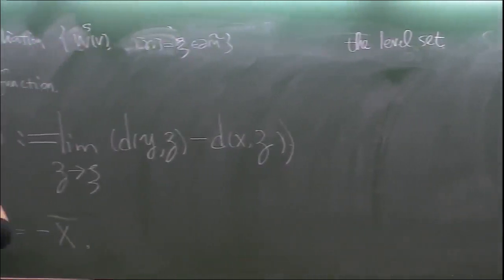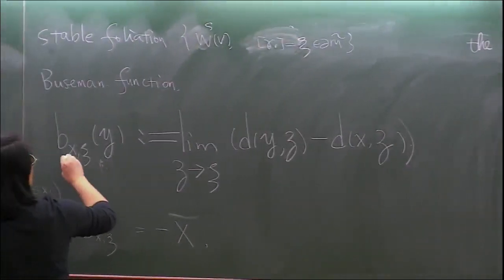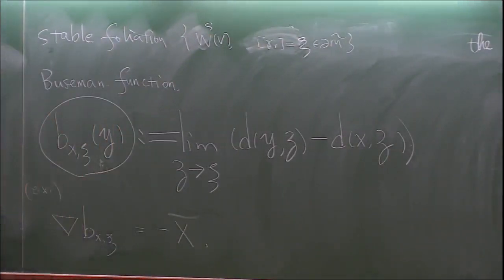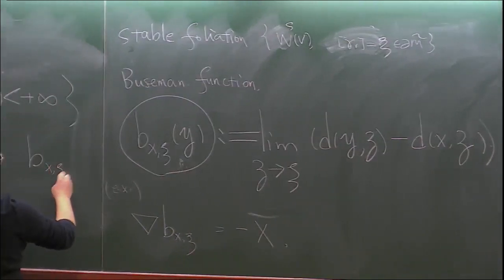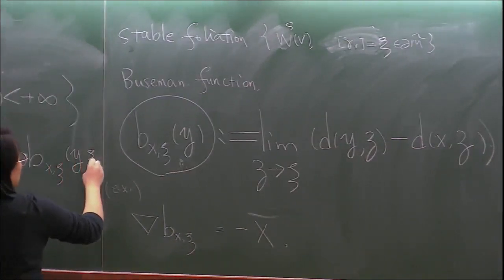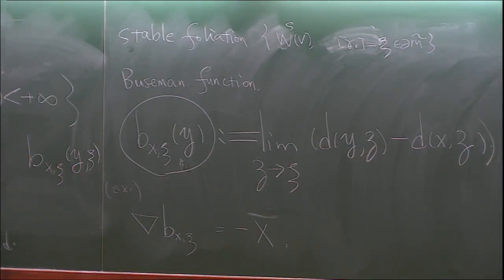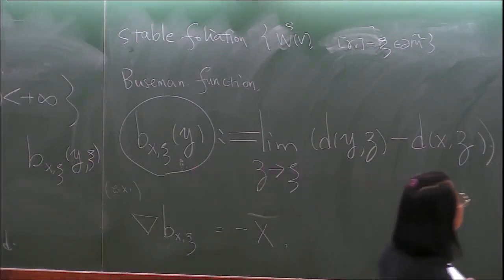I should say this is also with this notion b_{x,c}(y,c). Okay, we are on this foliation, on this stable manifold.